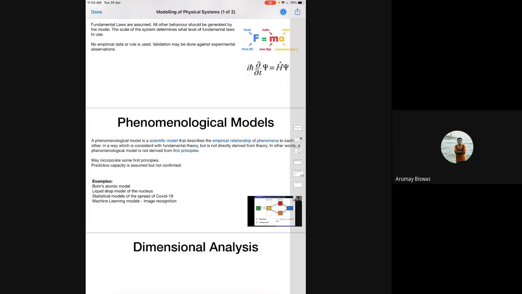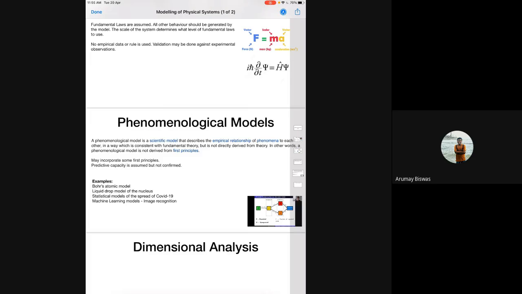And the fact that your phenomenological model will be able to predict data which is not already incorporated into it is assumed, and there is no guarantee to it. If you have a model from first principles, you have a fairly good idea of the limitations of your model.